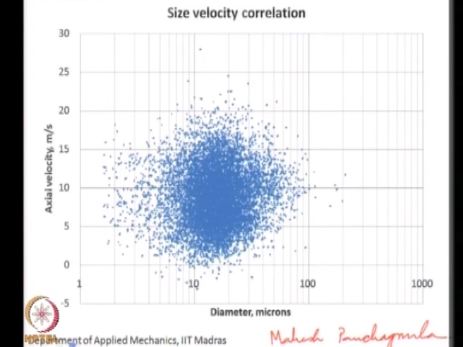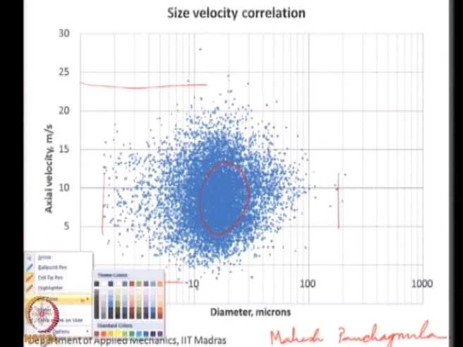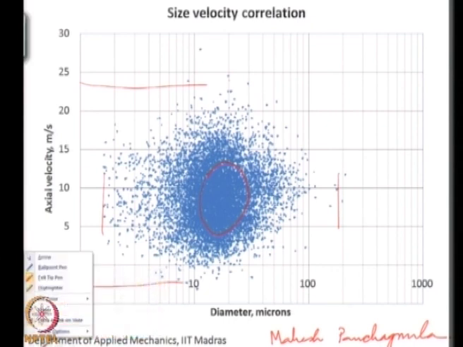And then finally, when I plot the axial velocity of every drop sampled at a given point versus the diameter, you will see that the diameters, like we said, vary about 2 orders of magnitude, speeds vary by a factor of 20, and by and large there is a large group of drops right here in the middle, but you can also notice that there is a general visible trend.